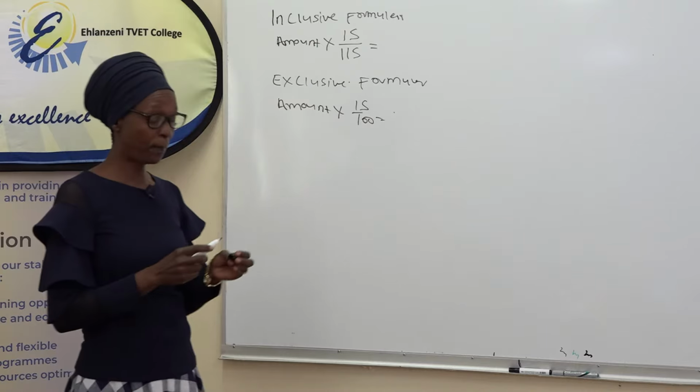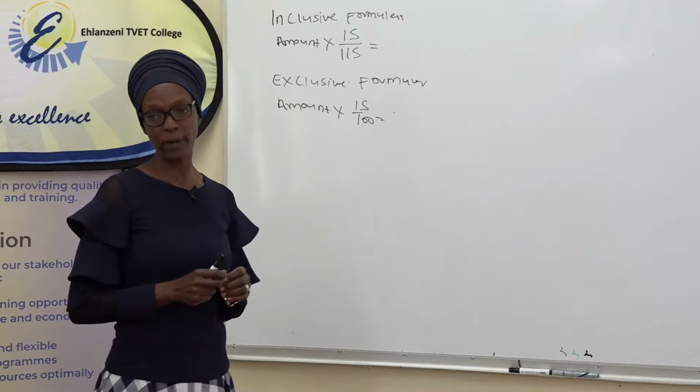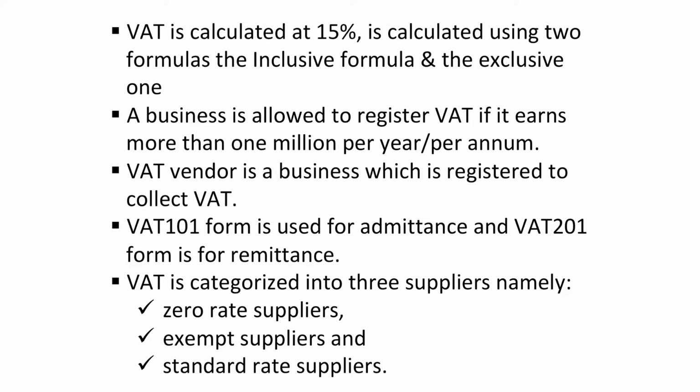Then a business owner is allowed to register for the value-added tax if the business earns 1 million per annum. Per annum means per year. If the business owner earns less than a million per annum, he is not allowed to register as a VAT vendor. A VAT vendor is a business owner who is registered to collect VAT from the customers.